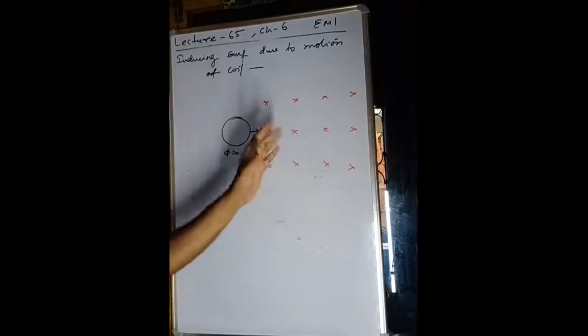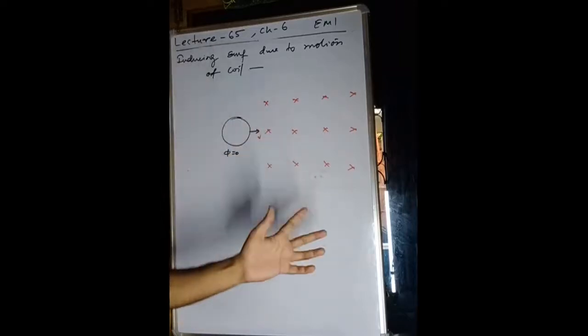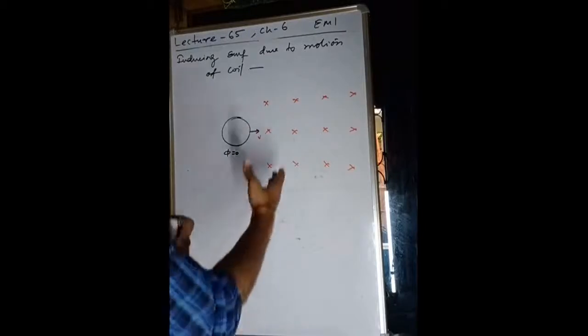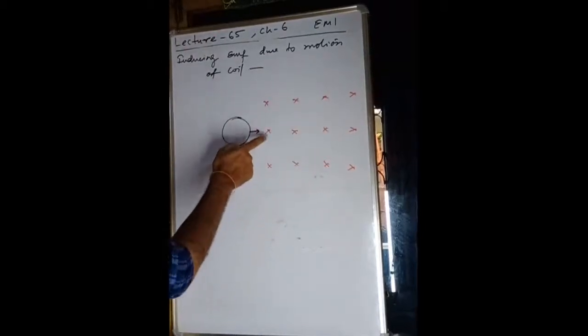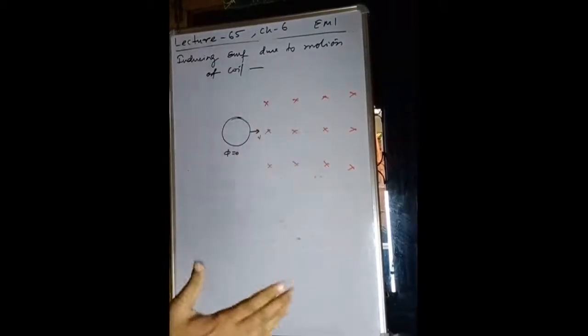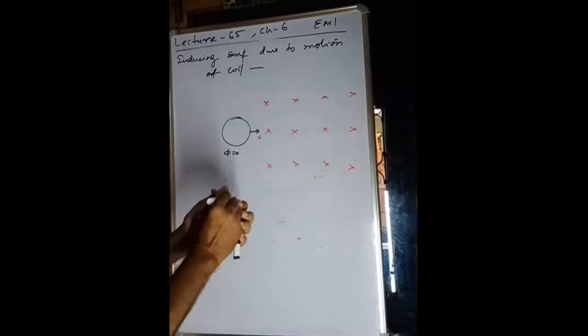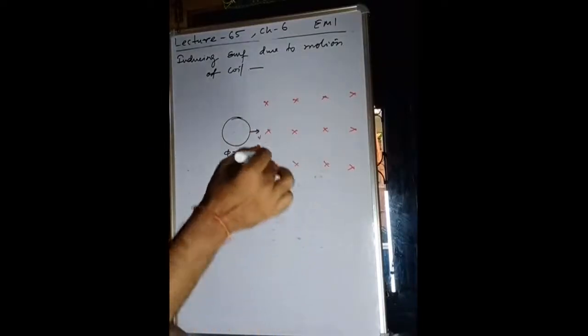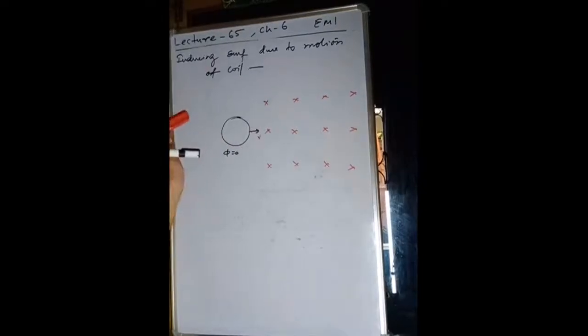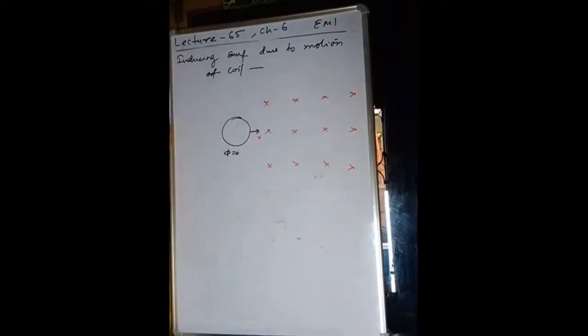Okay, so you are the observer looking at the magnetic field lines, and here they are cross magnetic field lines. What does it mean? Suppose you have a magnet in your hand, out of this board. You have to suppose it in this way, then only you can solve this type of question.